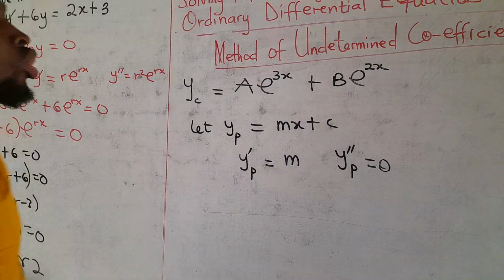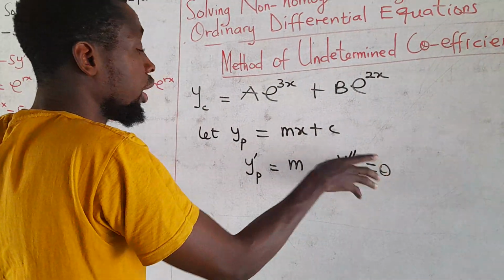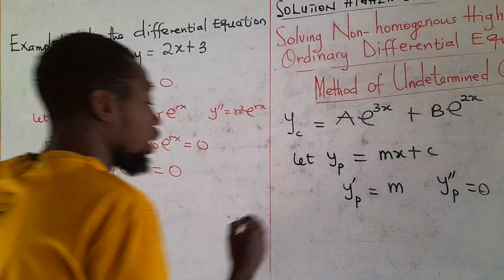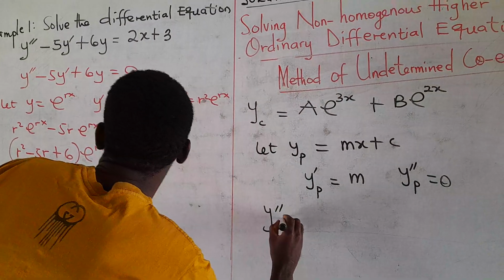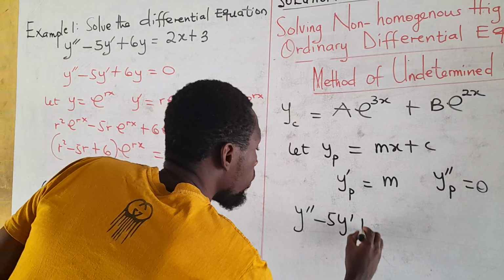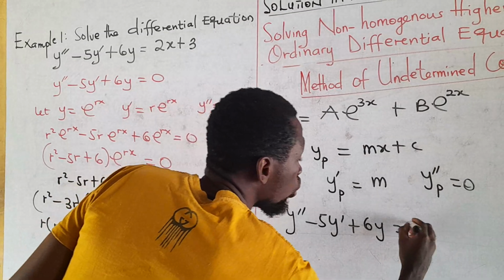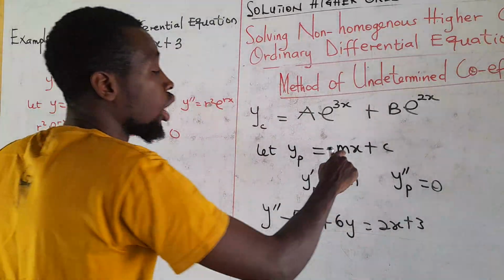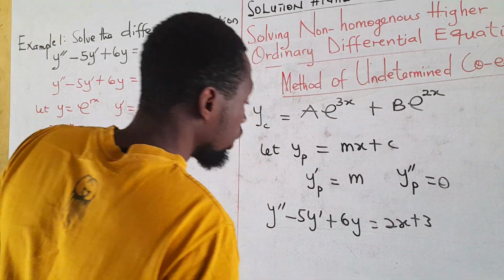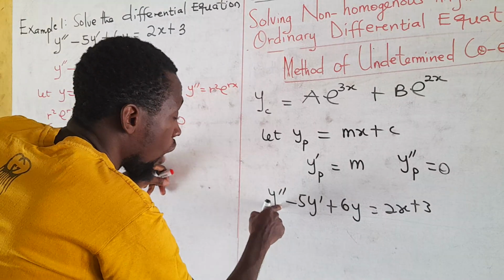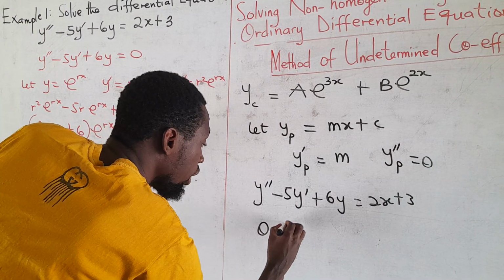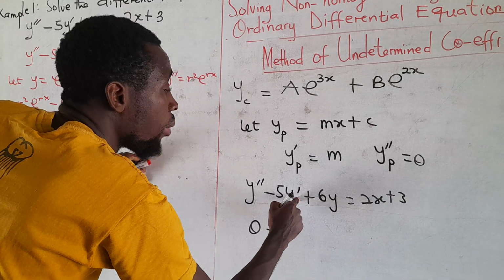What next? We substitute this into our original differential equation, that's y double prime minus 5y prime plus 6y equal to 2x plus 3. Then we'll be able to determine the coefficients and the constants. So what is our y double prime? That's 0. So 0 minus 5 times what's our y prime?